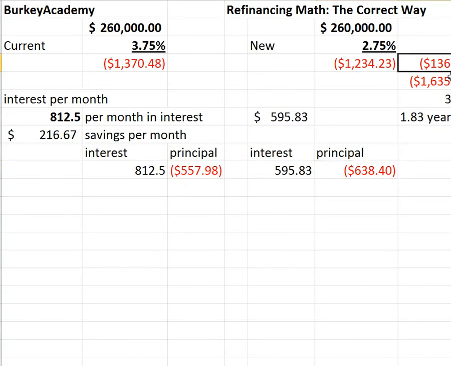Number one, your payment goes down by $136, but the second thing that happens is that the amount of principal you're paying goes up. So you're saving $216 in interest that you're paying. So you're asking yourself, why does my payment not go down by $216? If that's how much the interest goes down, the answer is the amount you're paying down in principal goes up. And it goes up not quite $100, but it goes up a lot. Let's look at that difference there. Let's see.